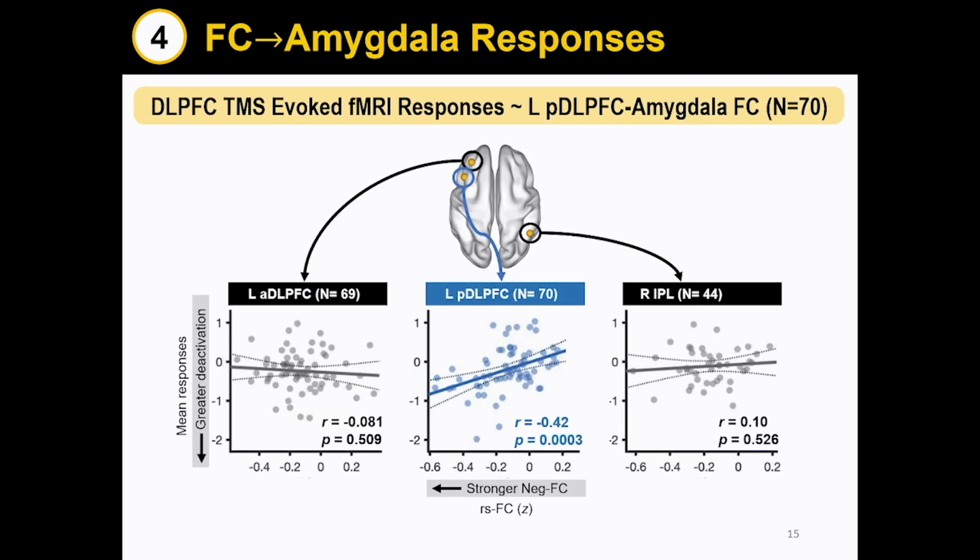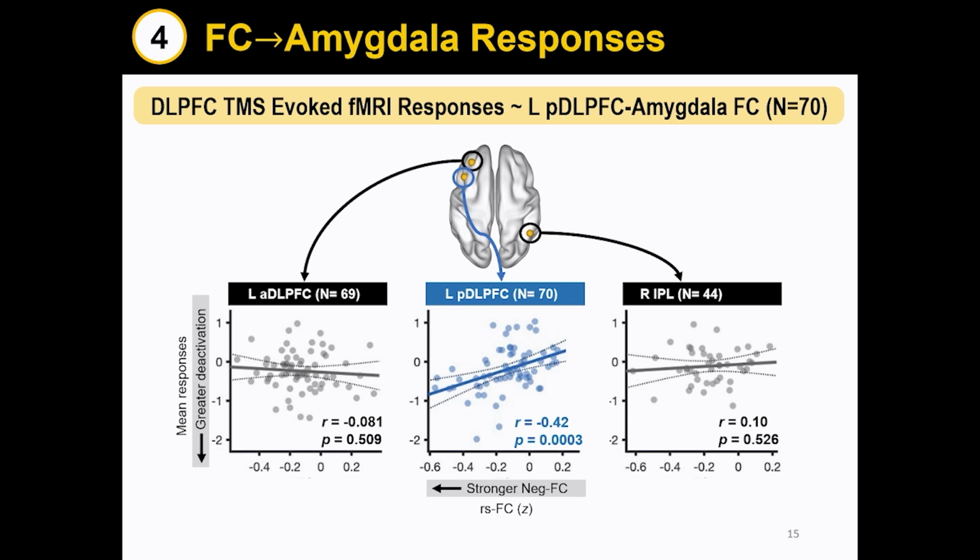As just mentioned, with the larger sample size and high spatial resolution provided by the concurrent TMS-fMRI, we were able to dissociate the different parts of the DLPFC TMS effects. So we compared the responses in the amygdala evoked by the anterior DLPFC TMS, posterior DLPFC TMS and right IPL TMS with the connectivity between the stimulation site and the amygdala.